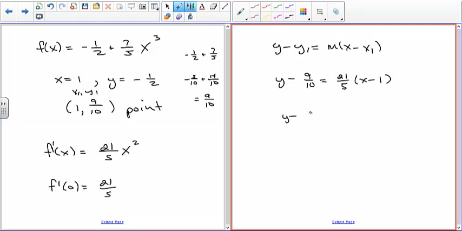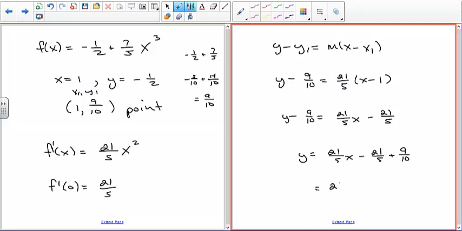Let's go ahead and multiply this out. So you get 21/5 x minus 21/5. If you move this to the other side, what you'll get is 21/5 x minus 21/5 plus 9/10, because when you move this negative term to the other side, it becomes positive.